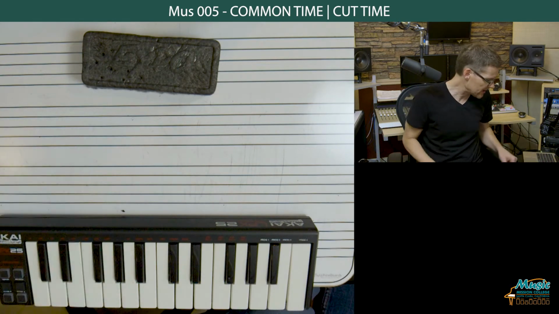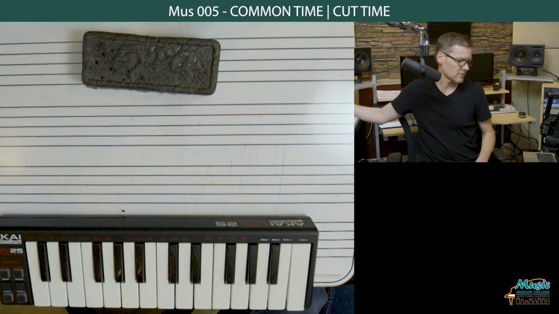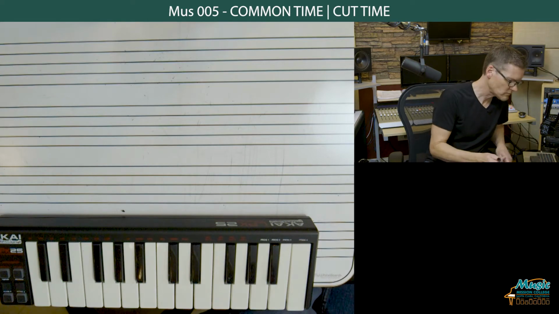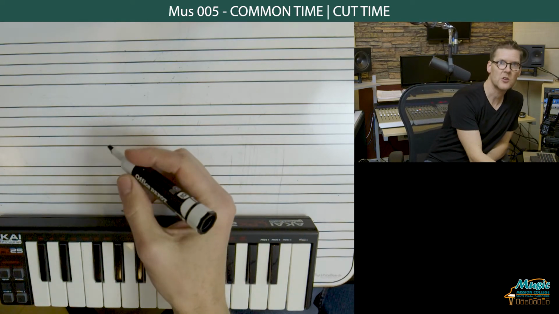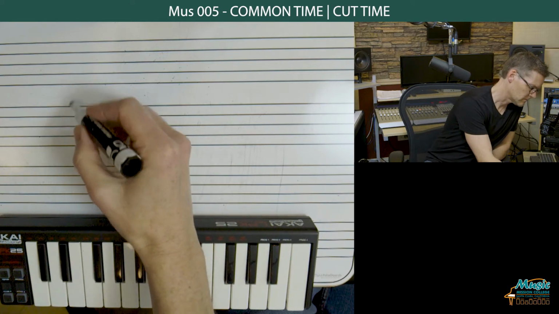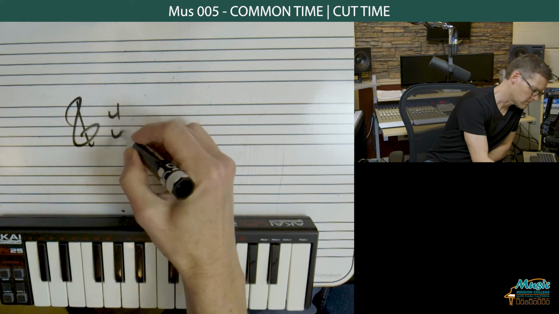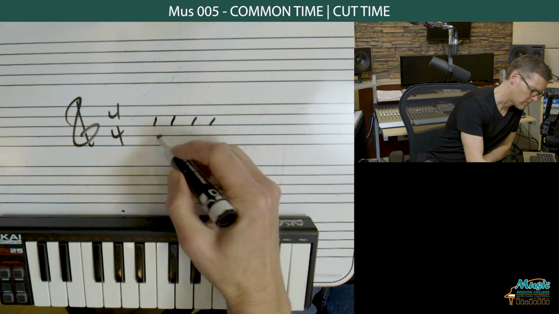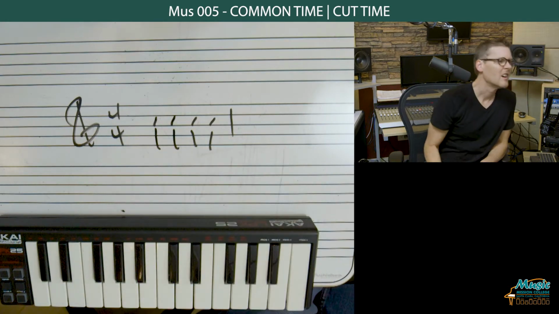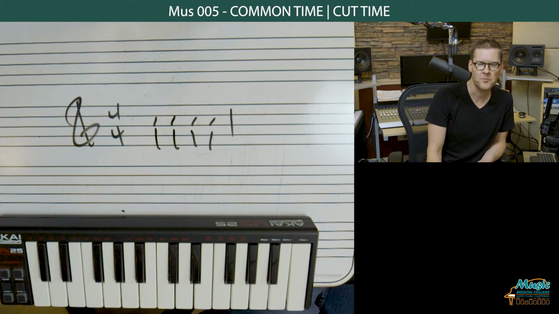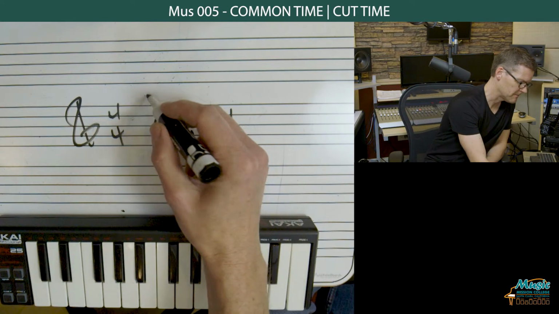So let's check this out on the whiteboard. Okay, here's 4/4. So in 4/4 time, the quarter note gets 1 beat. So if we have 4 quarter notes, basically we're just counting to 4, no big deal, right?